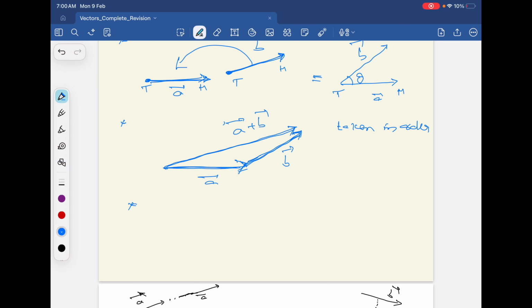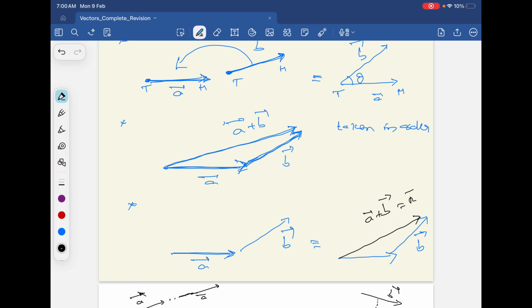See, this is A bar, this is B bar, as I mentioned, along the sides of a triangle taken in order, without changing magnitude and direction. The resultant, according to the definition, is the third closing side in reverse order. This is A plus B, so you can call it some R bar, no problem.